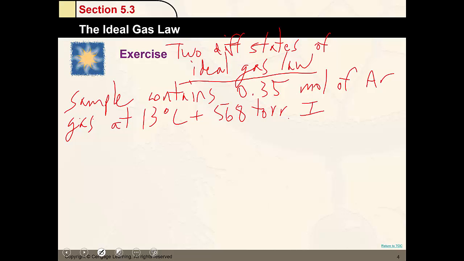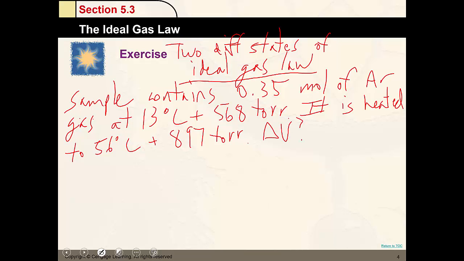Then it says that sample is heated to 56 degrees Celsius and a pressure of 897 torr. And we want to know what is the change in volume between these two states.